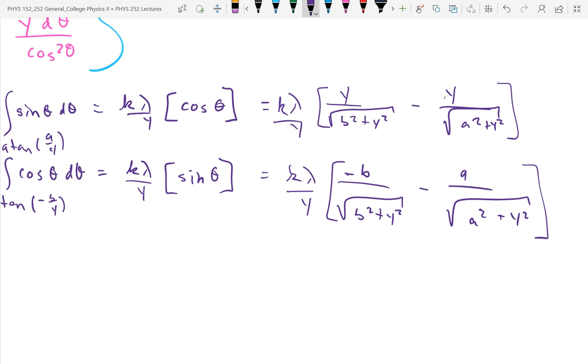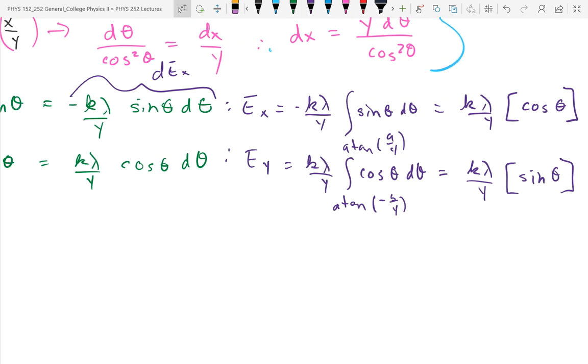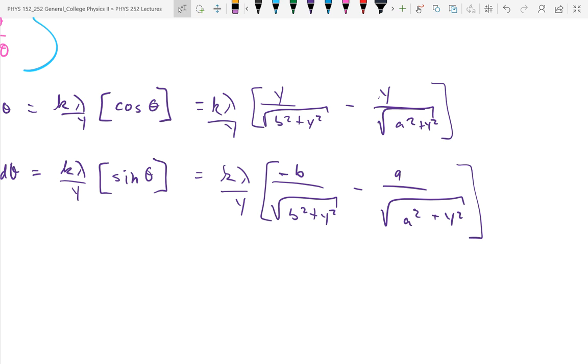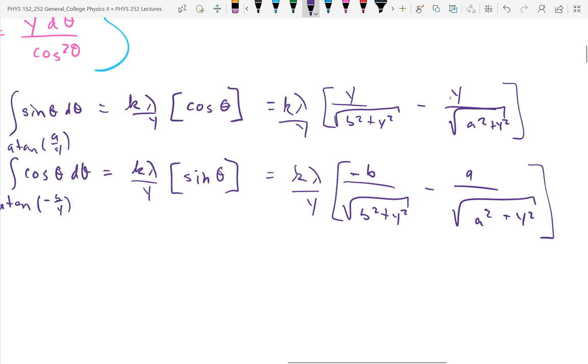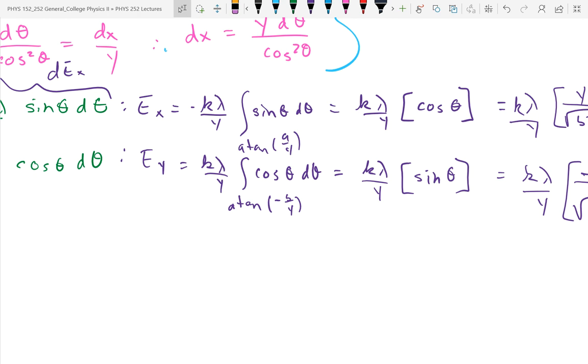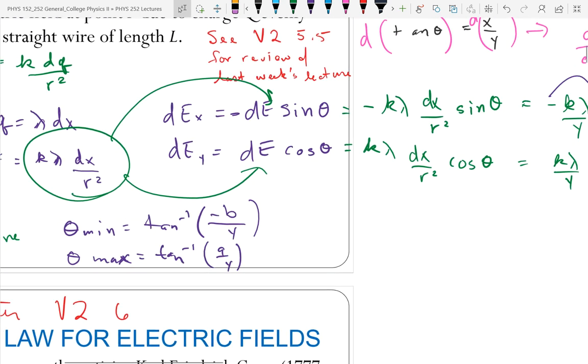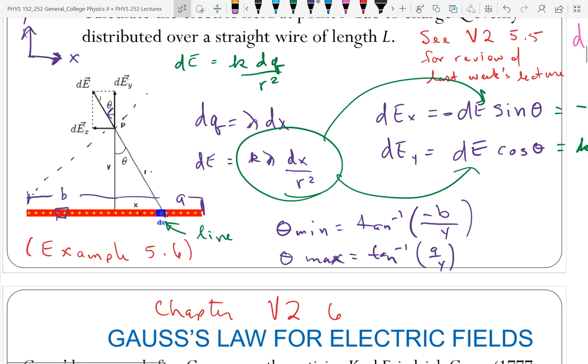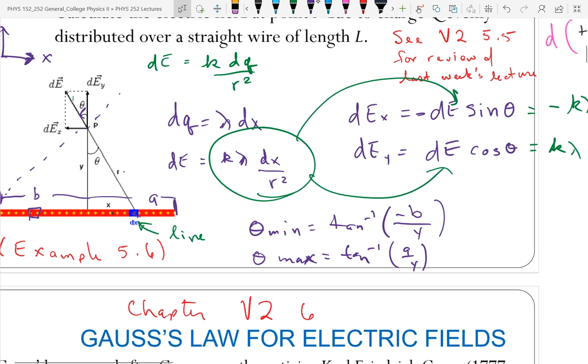Now, somehow I feel like I have once again inverted my signs. How do I get my signs wrong every single time? Right, because this is clearly a negative for the electric field in the y direction when we know it's positive. If you go back all the way to the picture, you're saying the cosine is positive, but isn't the direction negative to get down to the y?